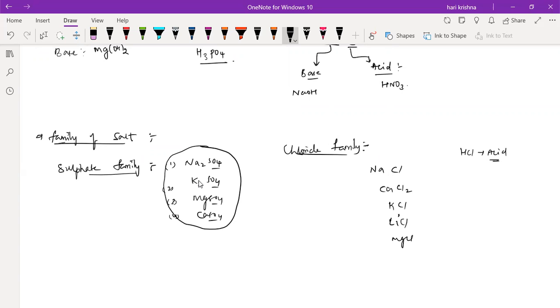LiCl, MgCl2, AlCl3, all these are salts. Salt means there should be a cation and an anion. The cation should be different from H plus and the anion should be different from OH minus. All the rest will form salts.